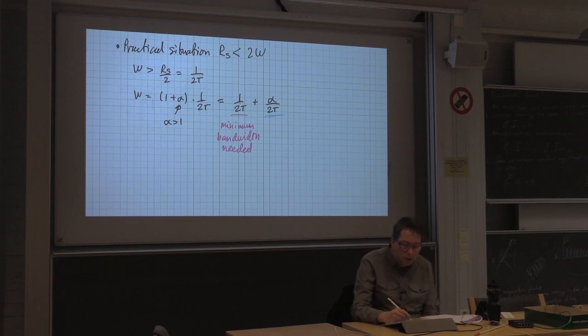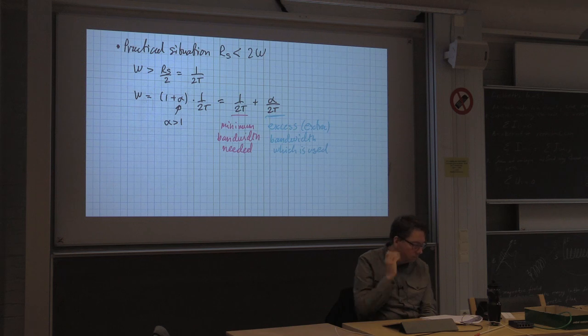And the blue part here is the excess, or extra, bandwidth which is used. Typically we have to pick alpha. Alpha has to be greater than 0, but we would like to make it as small as possible in order to make the extra bandwidth that we throw at the problem as small as possible, because we want to conserve bandwidth.